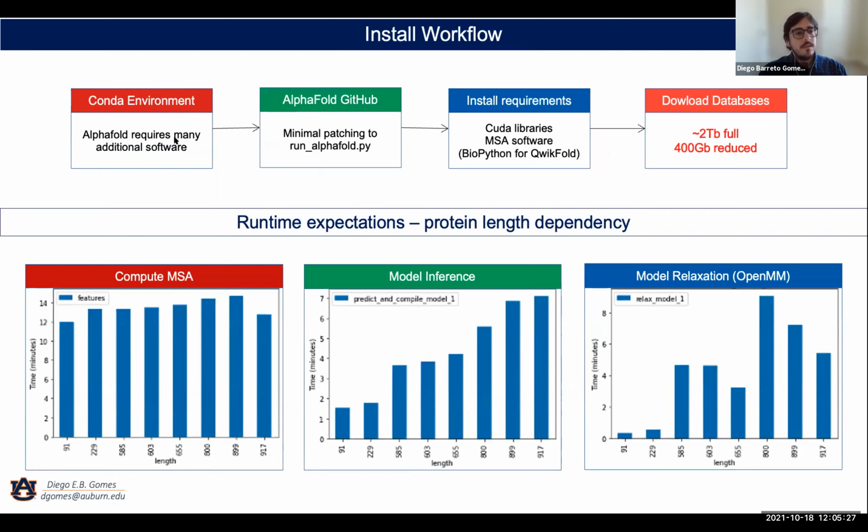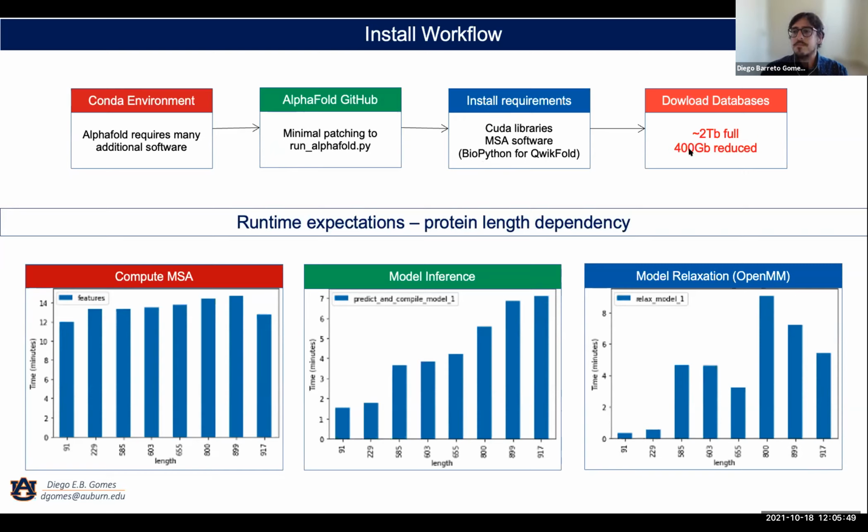When you've created an environment, you have to download Alphafold from GitHub. It takes a second. Then install all the required software. There's a script that helps you install the libraries and the multiple sequence alignment software. In particular for Quickfold, we're going to need just BioPython.